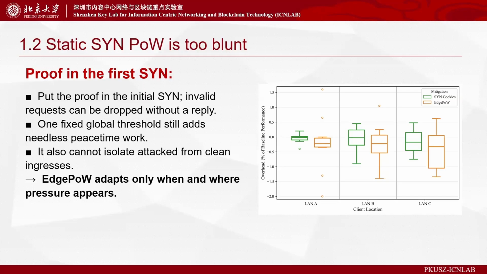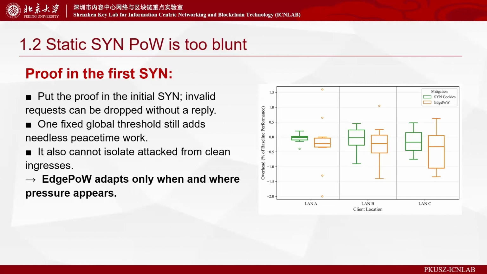The remaining gap is policy. Prior work used one fixed global threshold that creates unnecessary work during peacetime and cannot distinguish a stressed ingress from a clean one. The missing piece is adaptive, selective control: raise validation only when and where pressure appears.